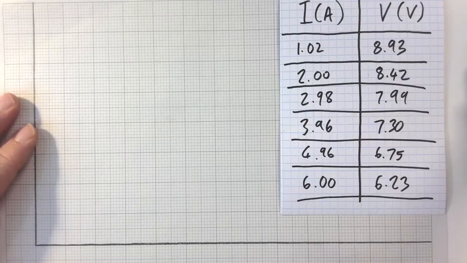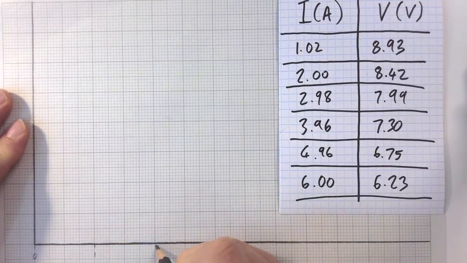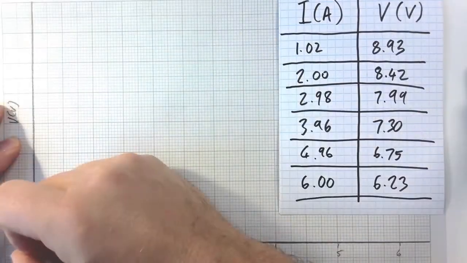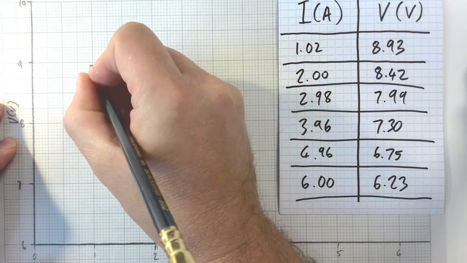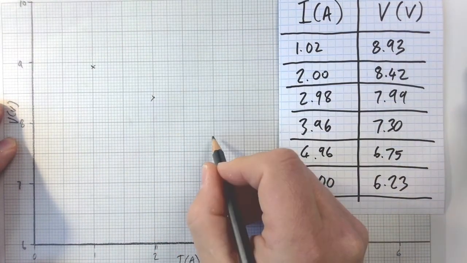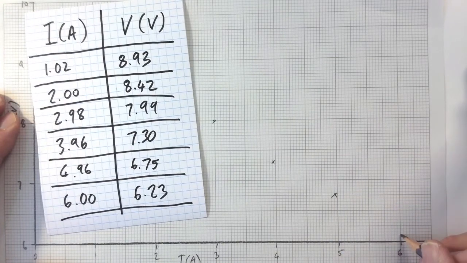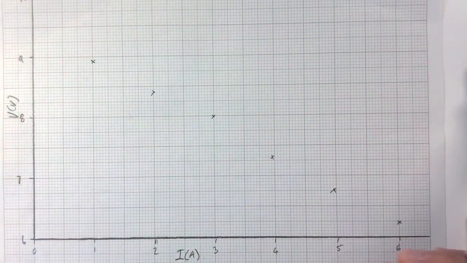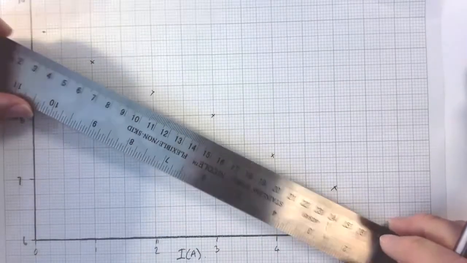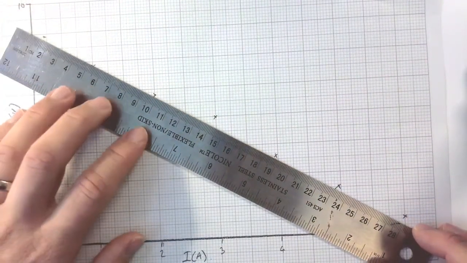So let's have a go at plotting some of this data. So we've got our 6 readings here, and we can add a line of best fit to this.